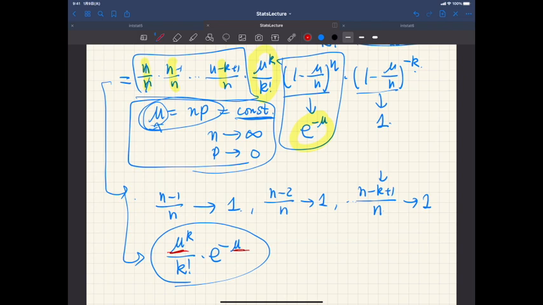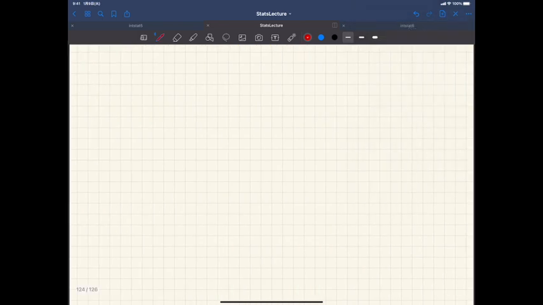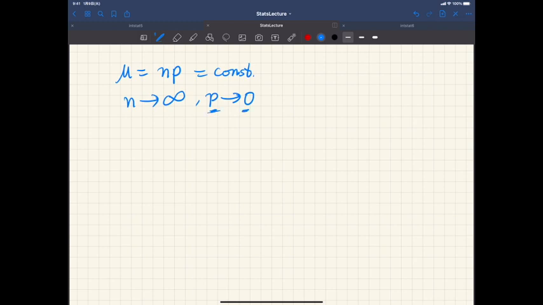So what we did here is to take a kind of strange limit. mu was np, and while keeping this constant, we take the limit. So the probability of observing, for example, a head in coin flipping approaches 0. So it will be very rare to find a head.